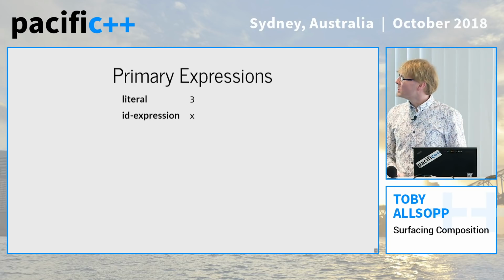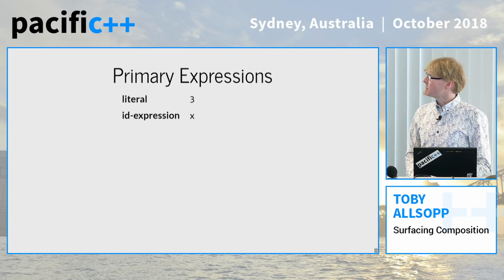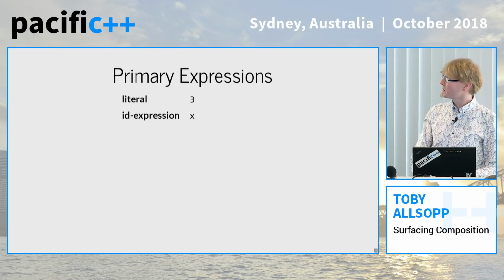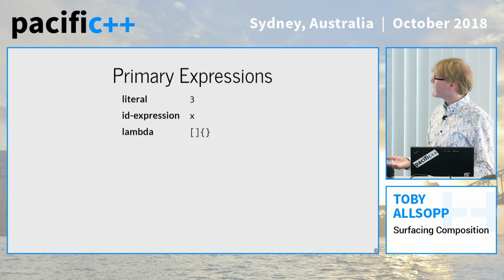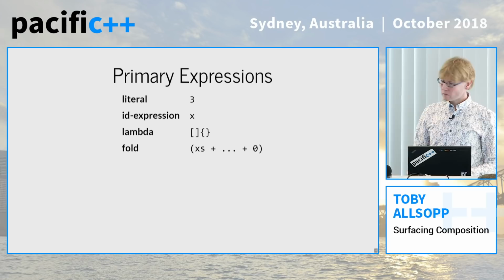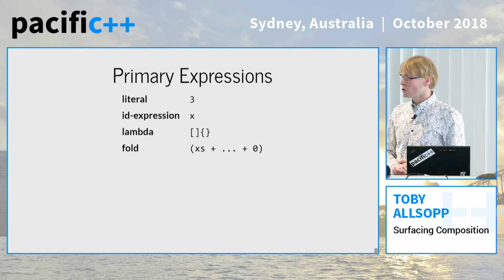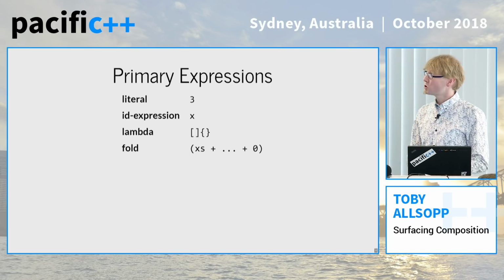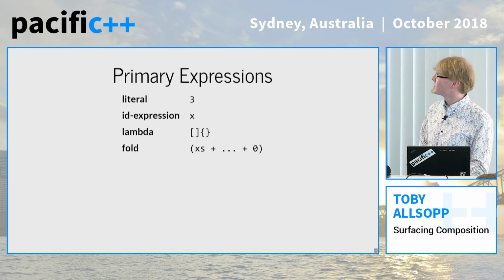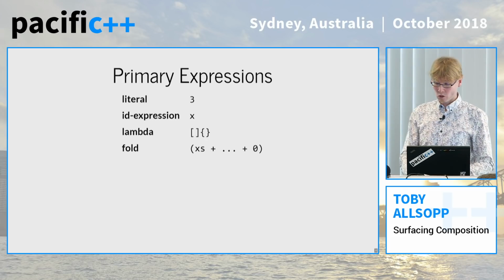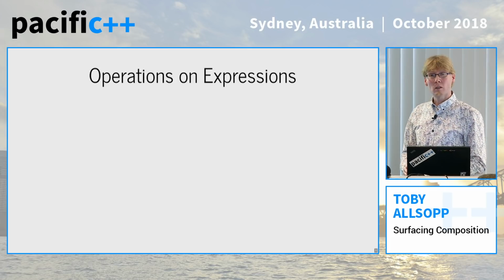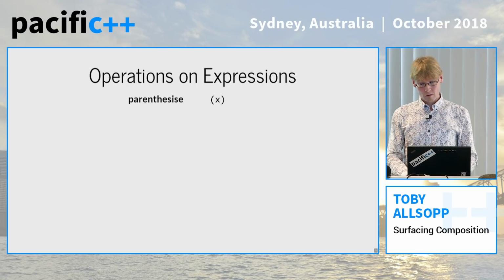We can mention identifiers to get their value or to get a reference to the object containing the variable. Lambdas are a kind of primary expression. Fold expressions, I just learned, are classed as primary expressions, which was something of a surprise to me. But anyway, this is basically the stuff that we make our expressions out of. These are expressions that we then combine together using various operations.